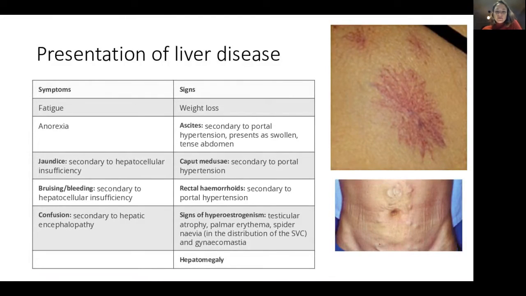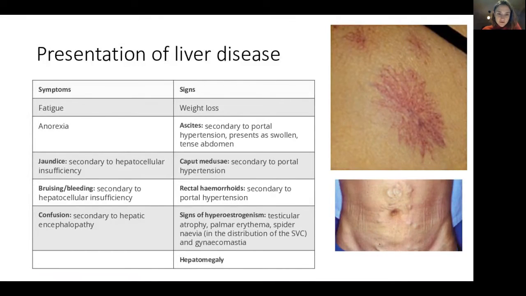In terms of signs, so what you'd see in the patient, you'd see some ascites, so a swollen tense abdomen. You could see caput medusae, which is what's shown in this picture on the bottom right of your slide. Dilated veins in the abdomen secondary to portal hypertension.